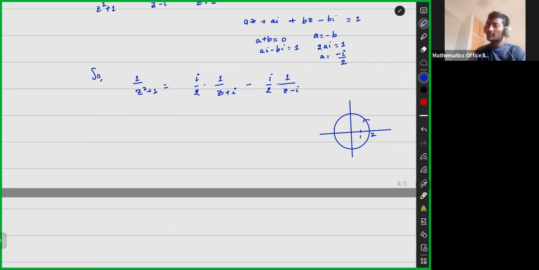The problem is that these functions are not holomorphic at i and minus i, right? So how to do this? We use the Cauchy integral formula.